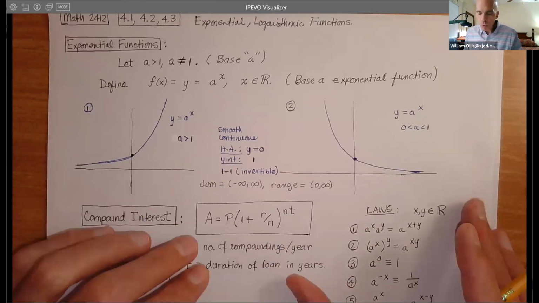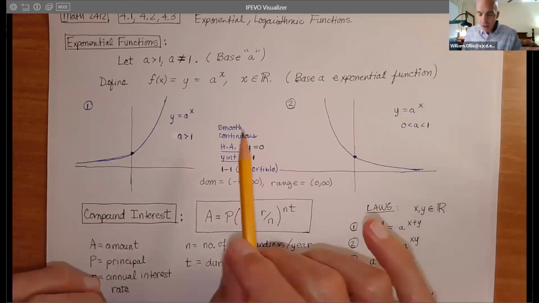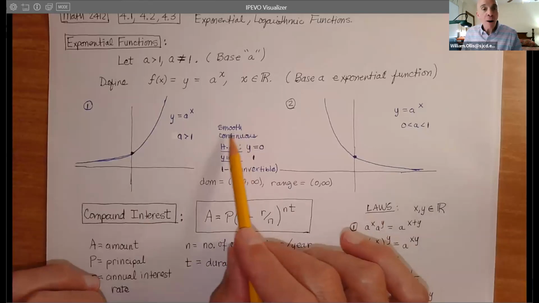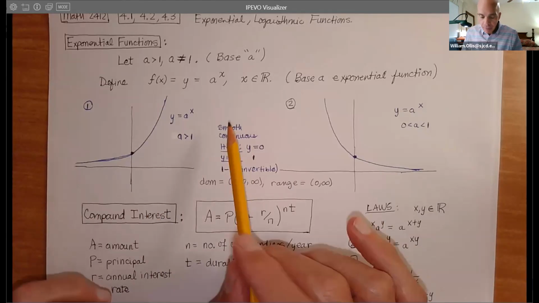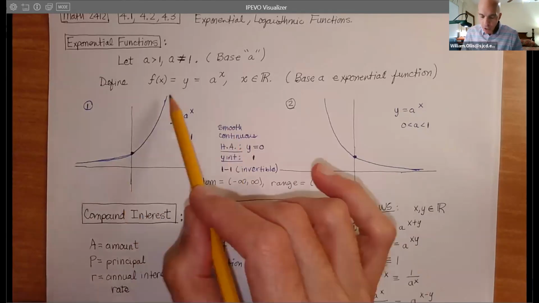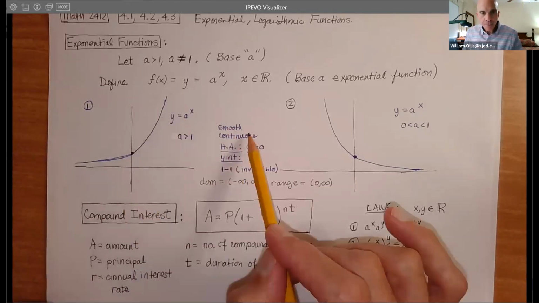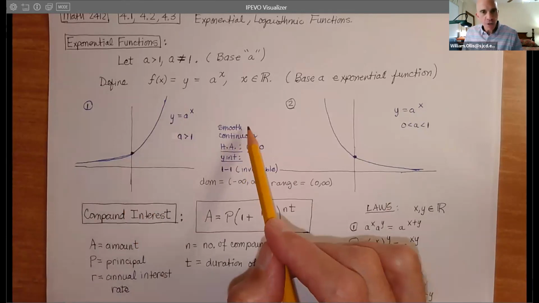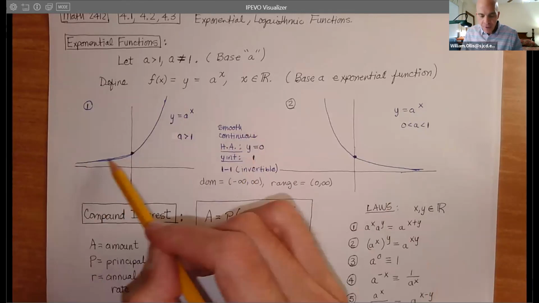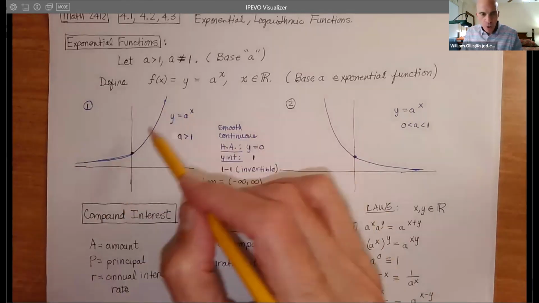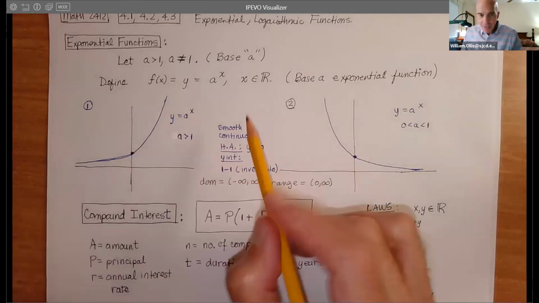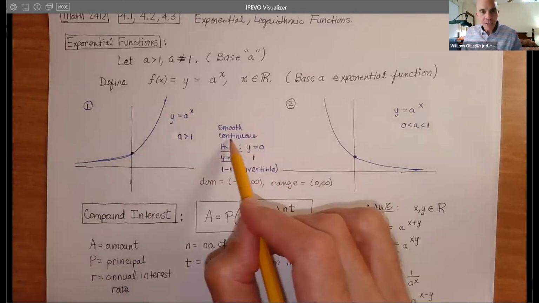But I did want to just make a few allusions to some of the properties that we're going to enjoy with the exponentials. Just like the rational and the polynomials, they are smooth. That's going to be what we have to use or verify in calculus. But when we draw these functions, they're going to be nice and smooth. No jagged edges, no breaks, anything. And as I say, no breaks, also continuous.